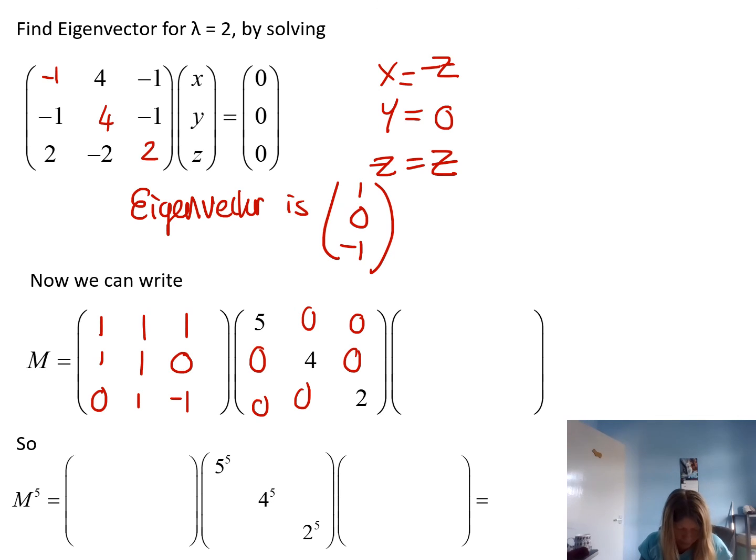Menu 1, put that in as a matrix. And then shift 2 to the power. No, I've got to put the matrix in first, haven't I?